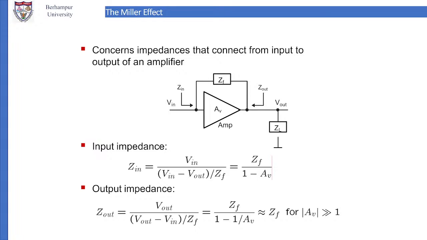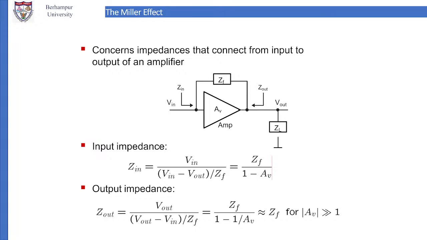Its input voltage is Vin, the input impedance is Zin, then the input to output impedance is ZF, and the output impedance is Zout. The output voltage is Vout, and at the output we are connecting an impedance ZL, which is the load impedance.